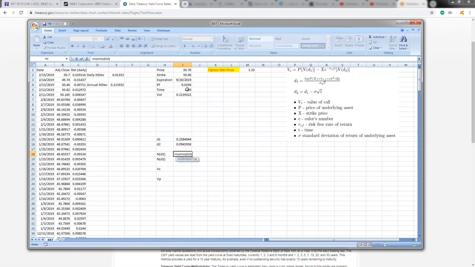Now we need to take NORM.S.DIST of D1, and we're going to do the same for D2.